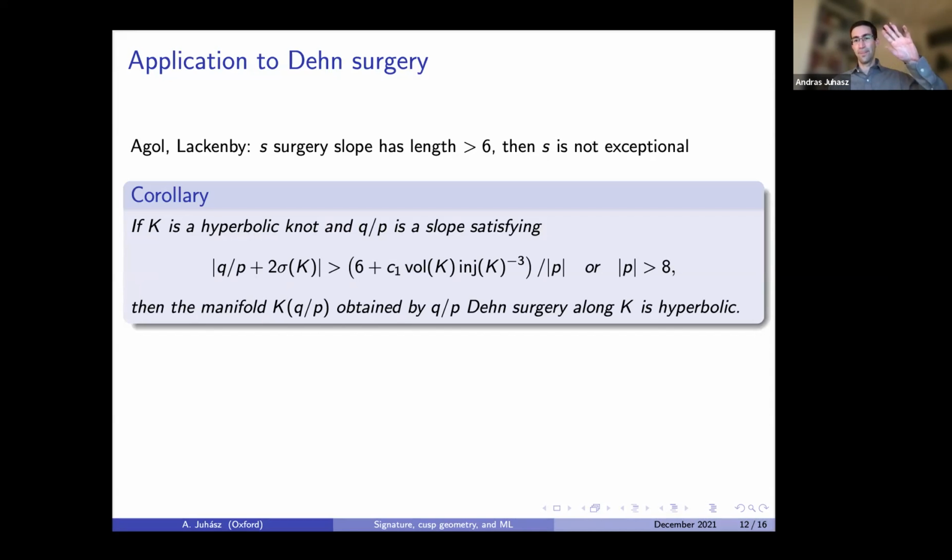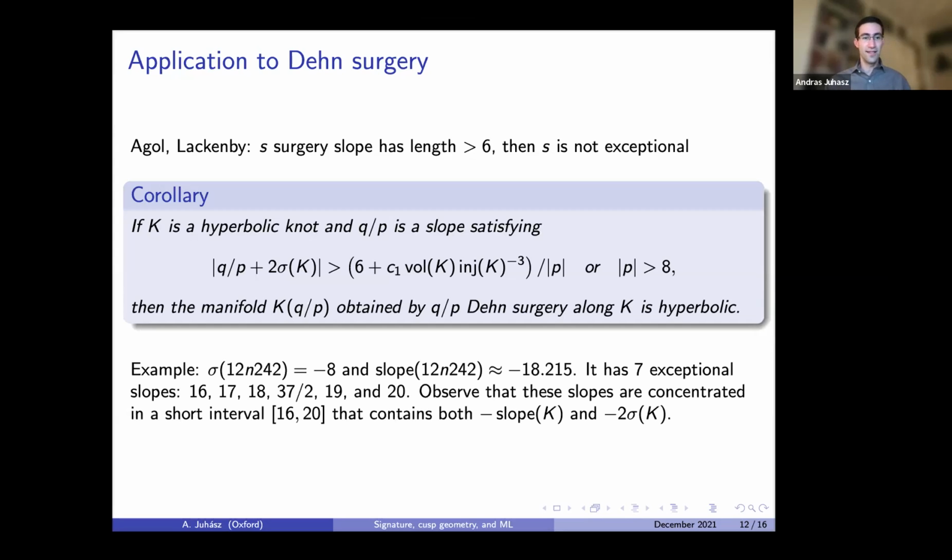Here, this condition on p being bigger than 8 uses a result of Lackenby and Meyerhoff. So this is something that, to our knowledge, hasn't been observed so far, that exceptional surgeries are somehow centered around twice the signature.